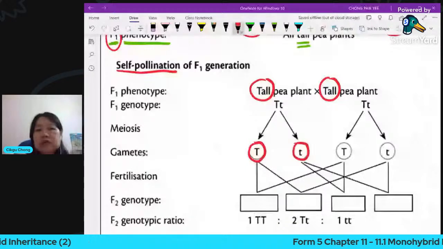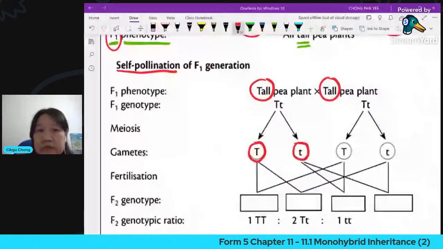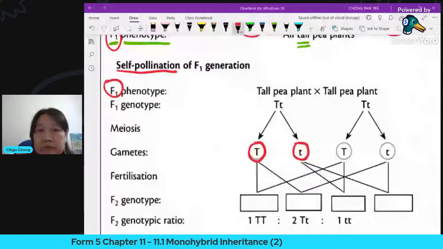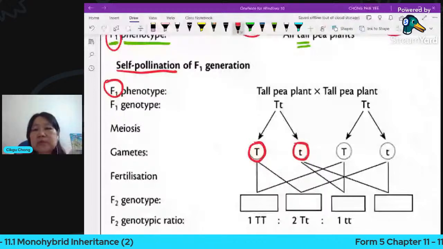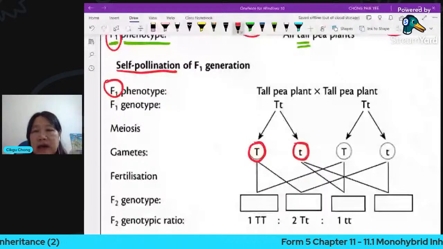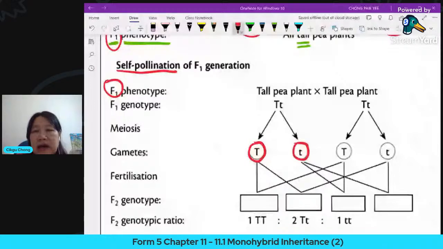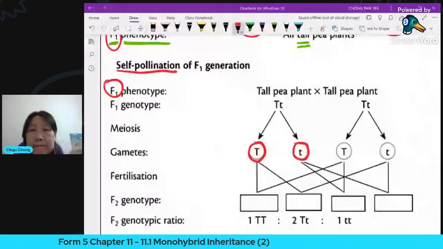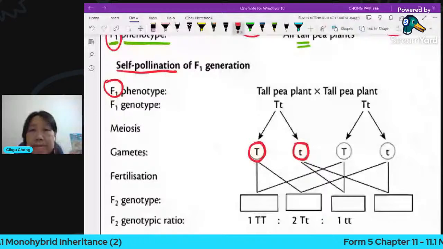Because inside, the genes are not the same: you have a capital T and a small t. The opposite of pure breed is a hybrid. Hybrid means it's a cross already, mixed already. It's not 100% pure.